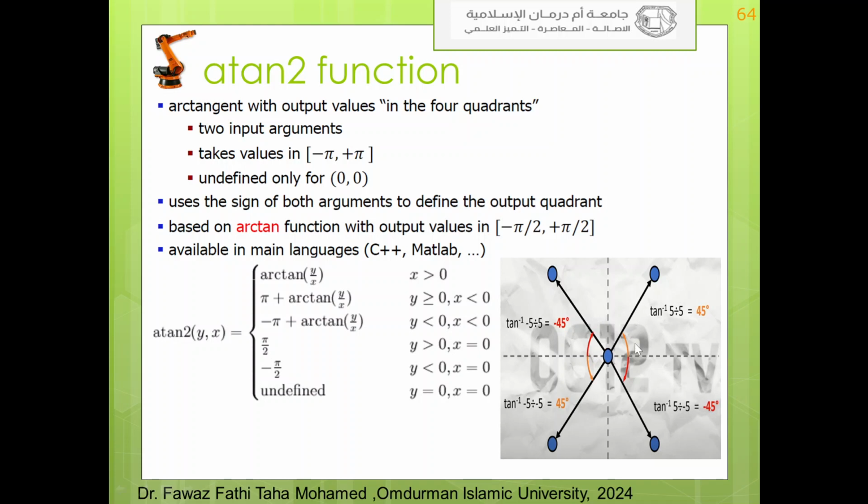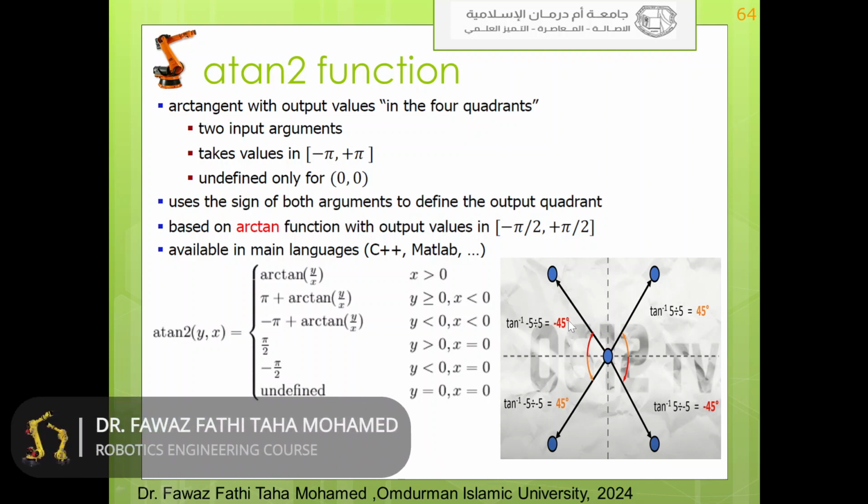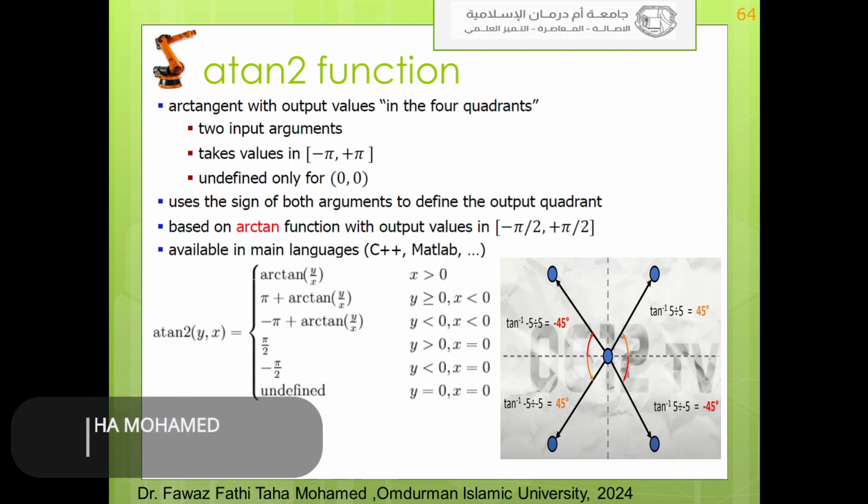Also, if you remember from secondary school, any angle in the first quadrant has a positive sine, positive cosine, and positive tan. In the second quadrant, it has just a positive sine, but a negative cosine and negative tan.